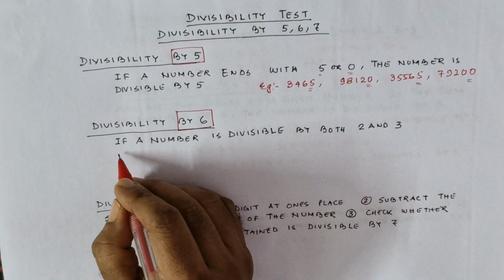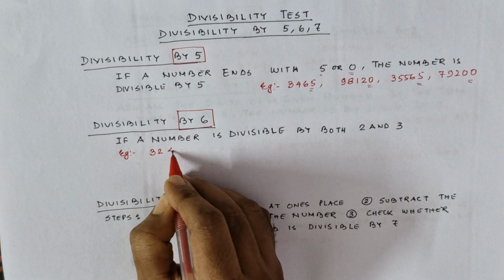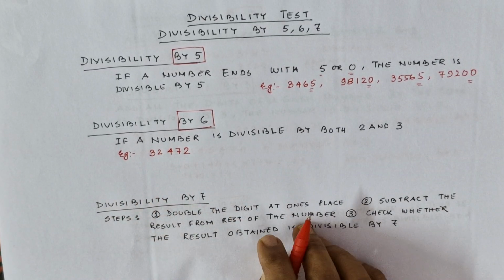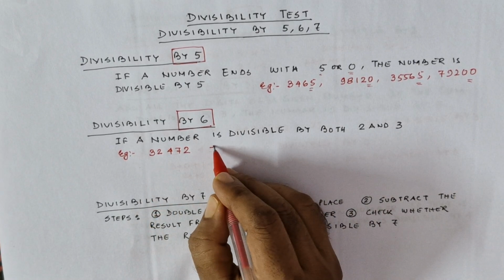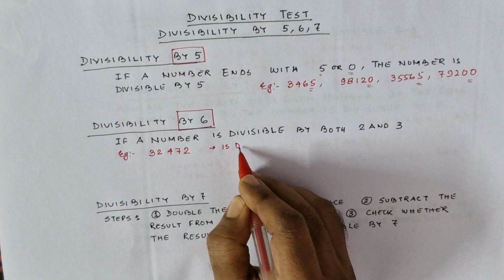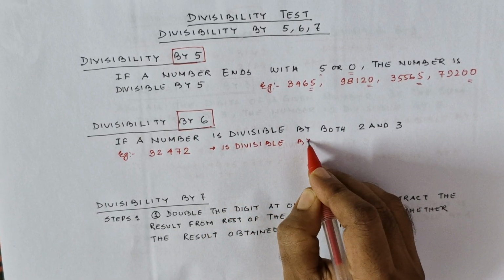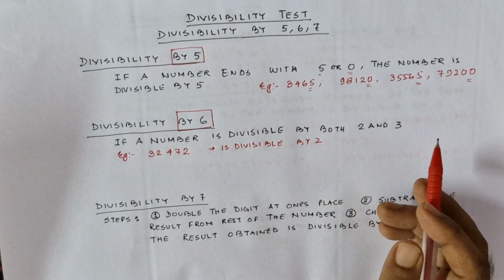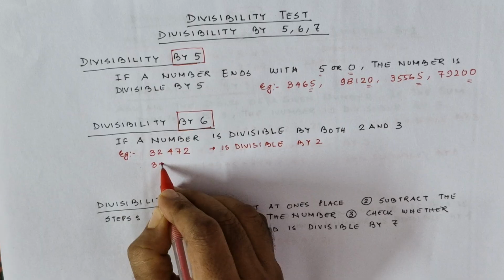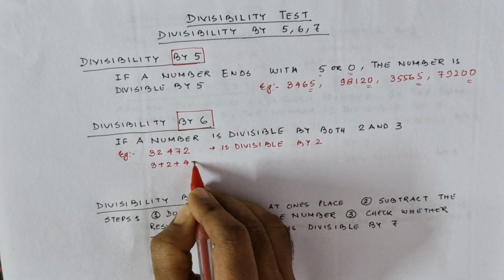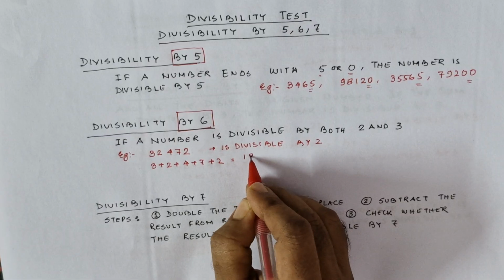So we'll take this number, 32472, right? So it is quite evident that this is an even number, so this number is divisible by 2. Check whether this number is divisible by 3 or not. So 3 plus 2 plus 4 plus 7 plus 2, which results in 18.